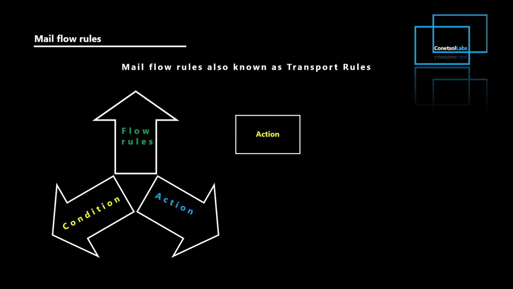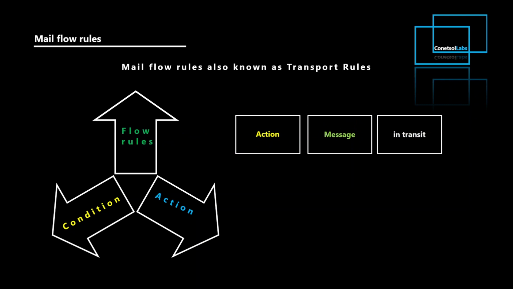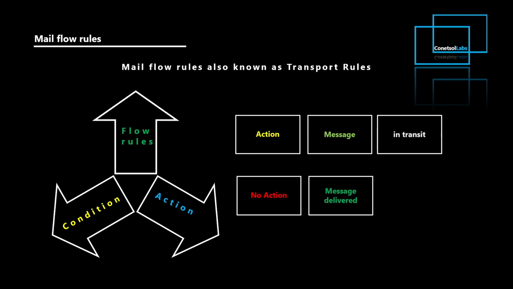Mail flow rules always take an action on a message while it is in transit. No action is taken after the message is delivered to the mailbox.